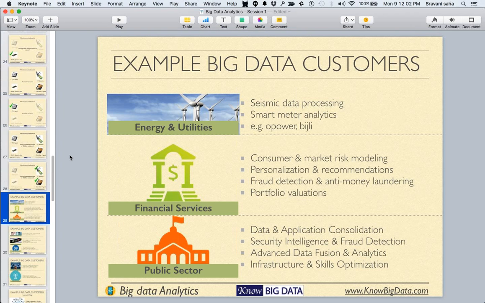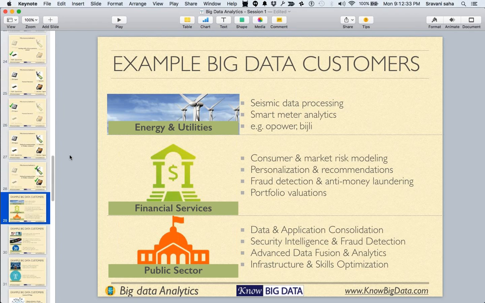Okay, now second is the financial services. For understanding the risk or consumer and market risk, they have to do the modeling, and such modeling is only useful if it is done on considerable size of data. Similar is the case of personalization and recommendation. Personalization and recommendation is a classic big data problem, because the bigger the data, the better it is, and the bigger the data, the more complex it is. Therefore, you require big data processing.